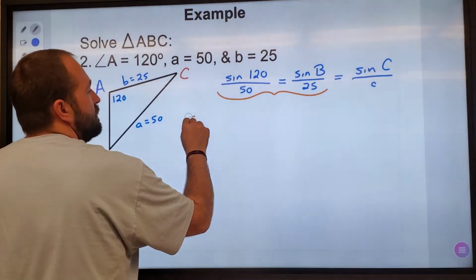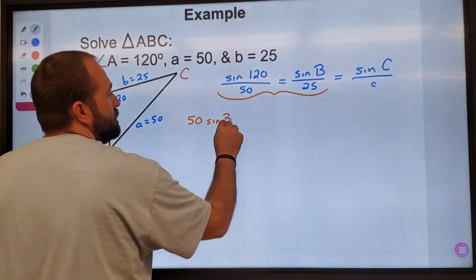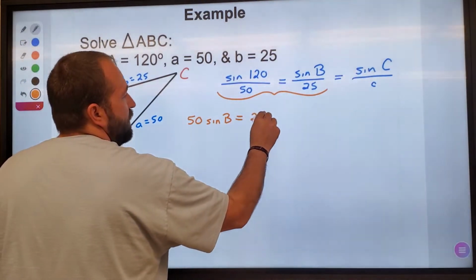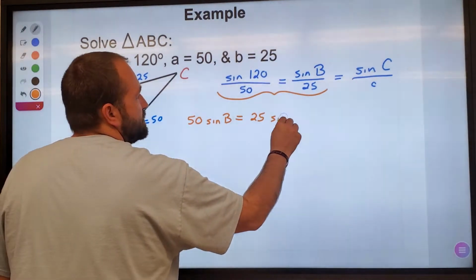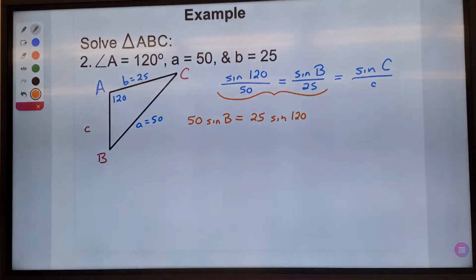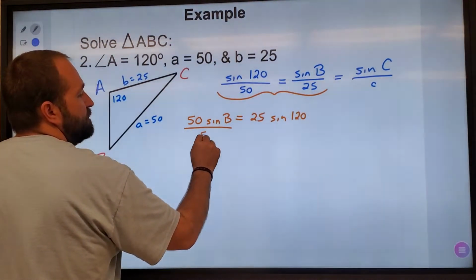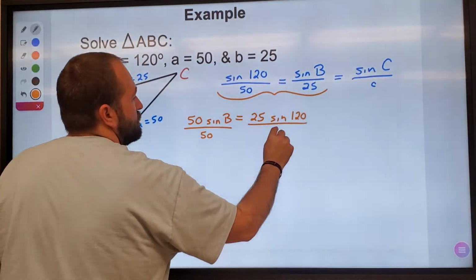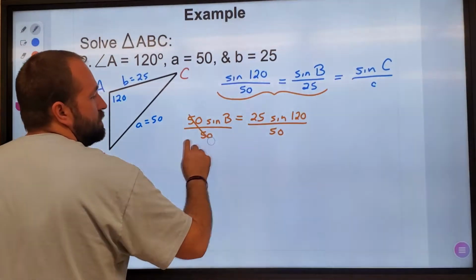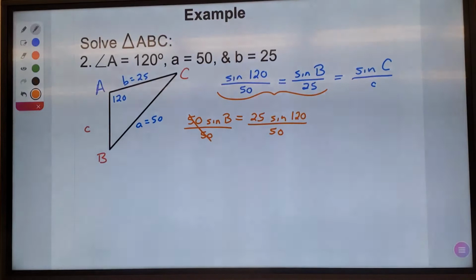So I have 50 times sine of B is equal to 25 times sine of 120. I can divide both sides by that 50. In order to get rid of the sine of that angle B, I have to use the inverse function.